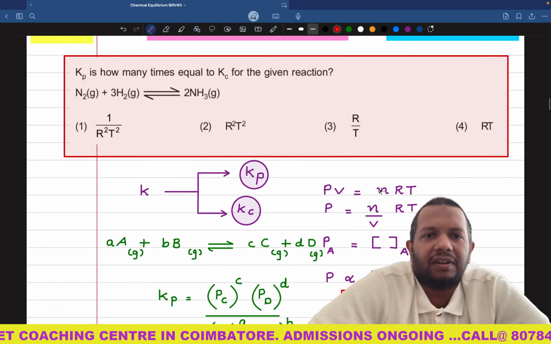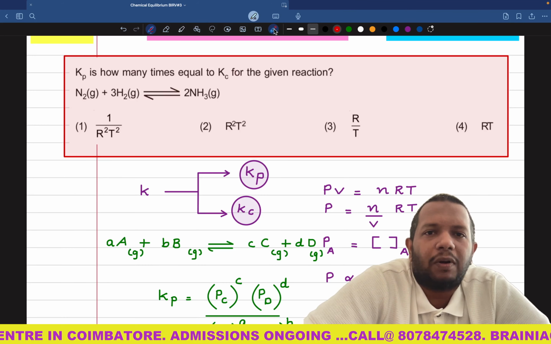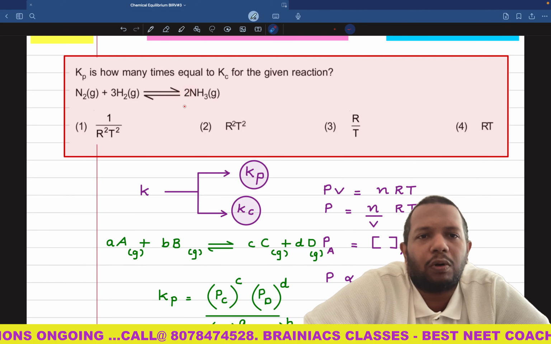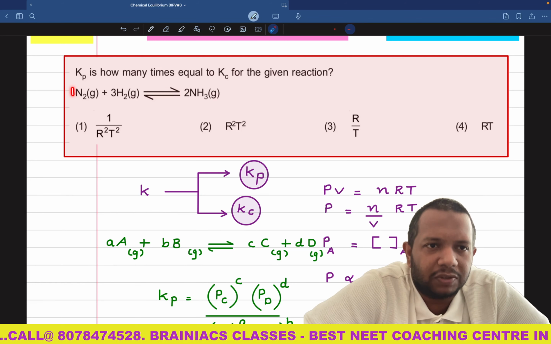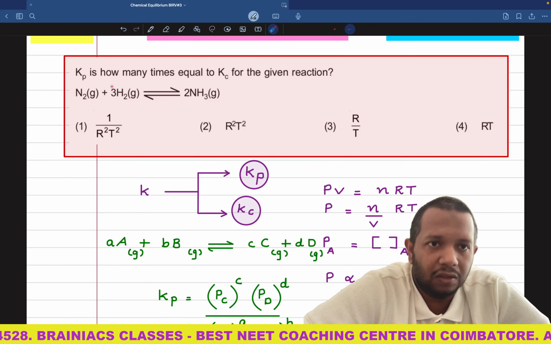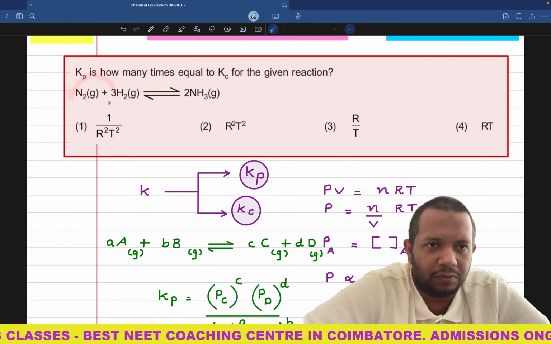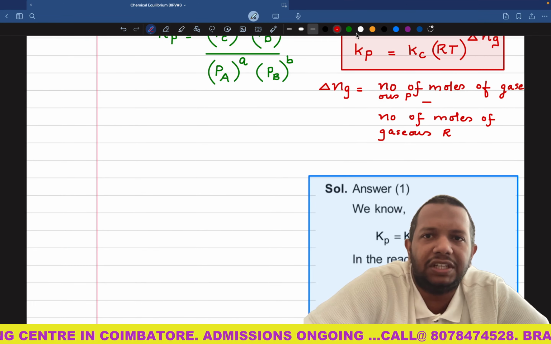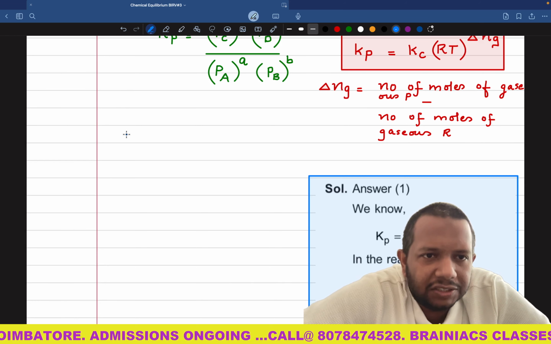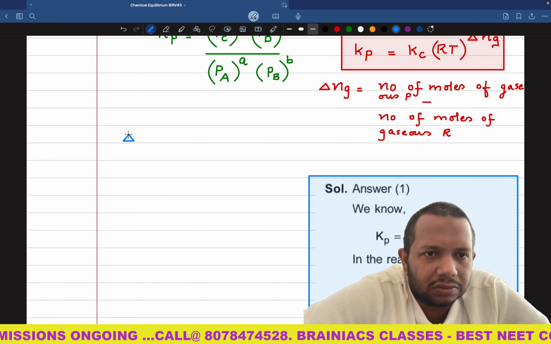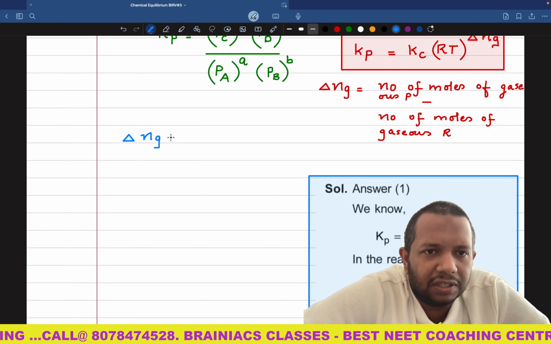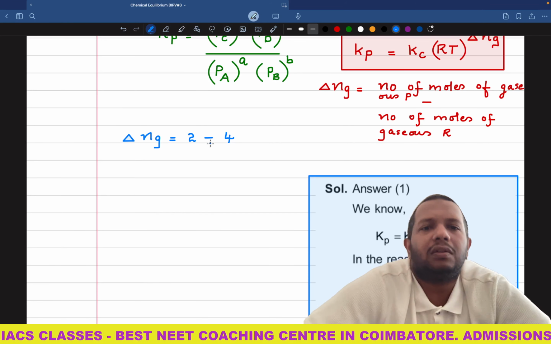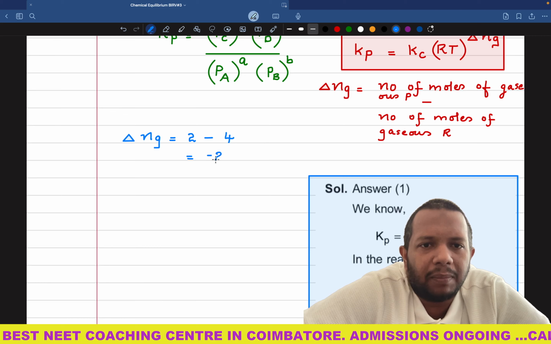In this particular reaction, what is the number of moles of the gaseous products? You can see here the stoichiometric coefficient of the product is 2, so 2 moles of product are there. For the gaseous reactants, this is gas and this is gas, so 3 plus 1, that is 4. So delta Ng in our case is 2 minus 4, which is minus 2.